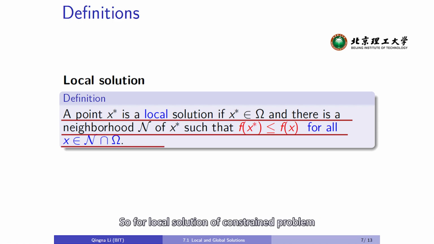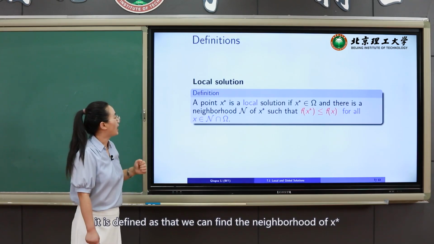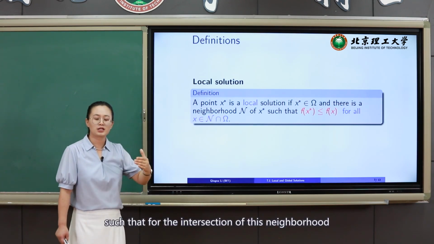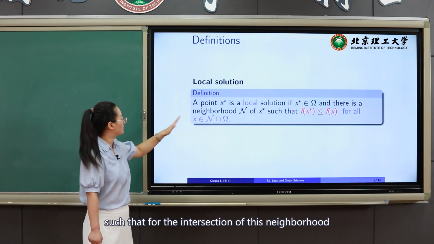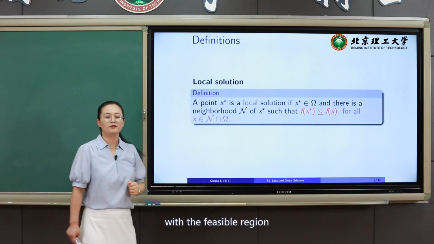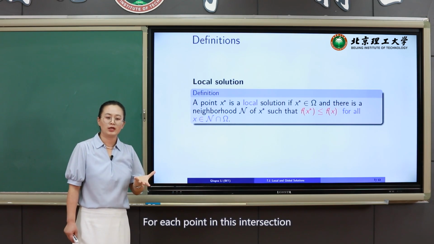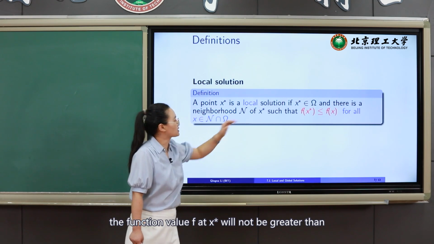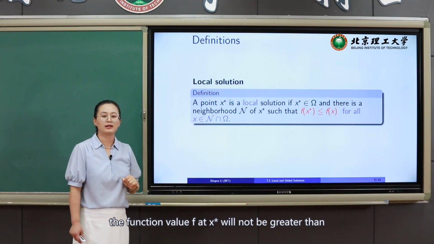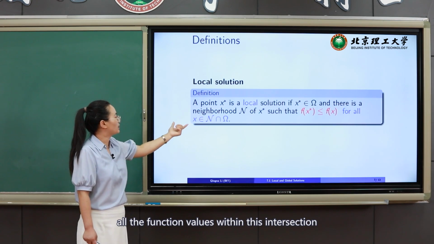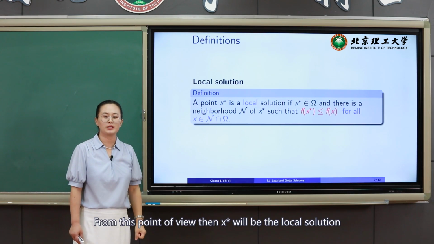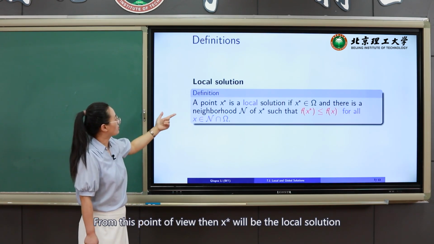For a local solution of a constraint problem, we can find a neighborhood of x star such that for each point in the intersection of this neighborhood with the feasible region, the function value f at x star is not greater than all the function values within this intersection. From this point of view, x star will be the local solution.